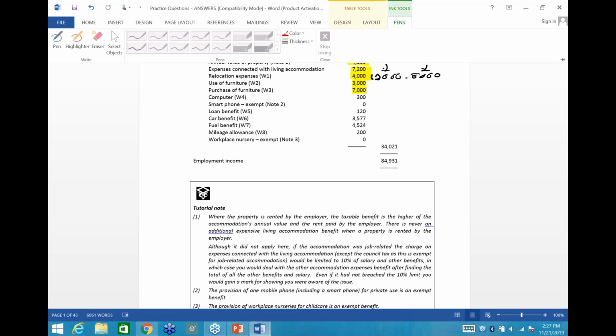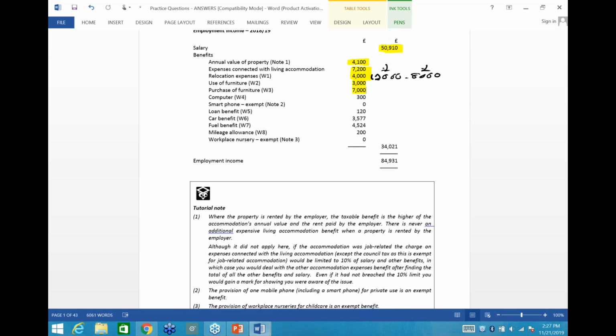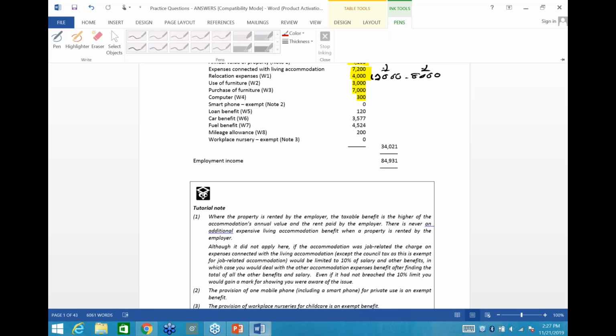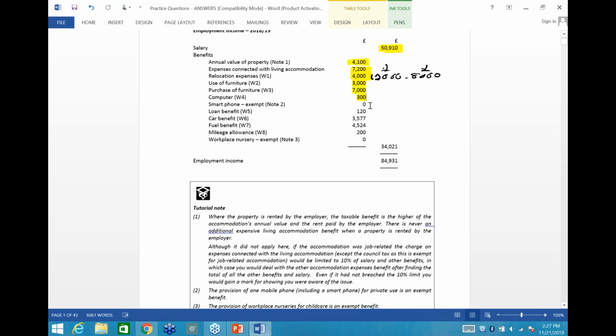Here the laptop was given on the 6th of April 2018. Throughout the tax year, I have used the laptop. Therefore, it gives me a use of asset benefit equivalent to 20% of 1,500. So take 1,500 into 20%, you get the answer 300 pounds. Okay. Smartphone, as I said, it is an exempt benefit on which I don't have to pay any taxes.